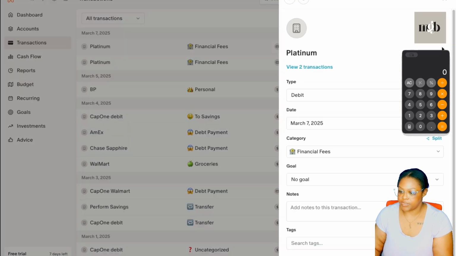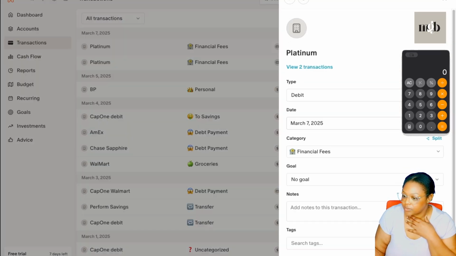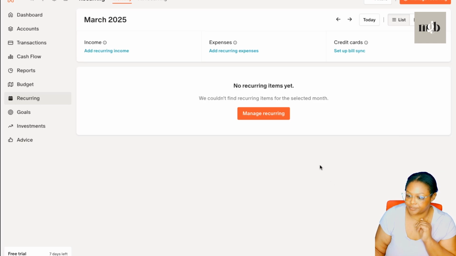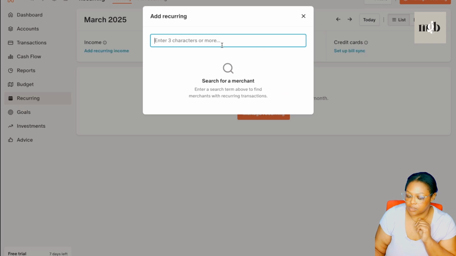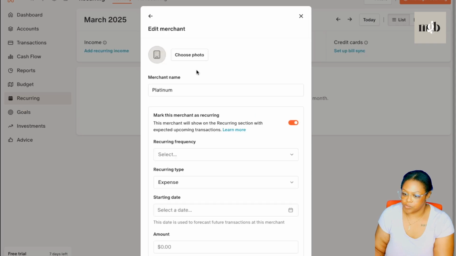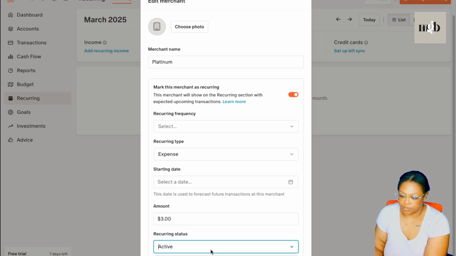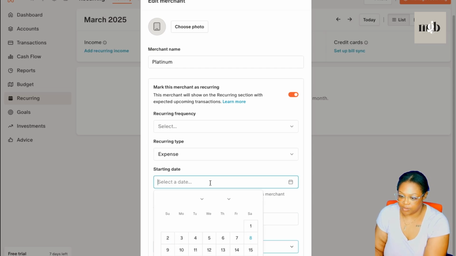That's every month. Let me see if I can set a rule now for this one. Okay, there's also a recurring fees option. So let's see. Add recurring expenses. Okay, I know this is going to be $3 a month.